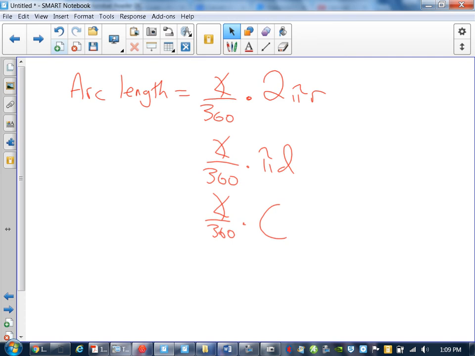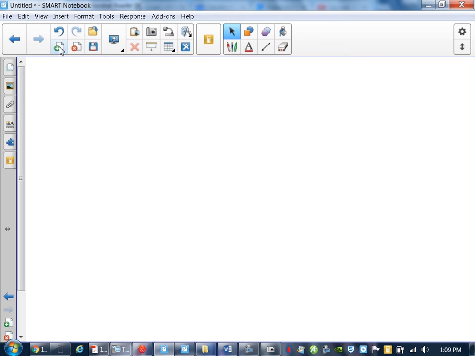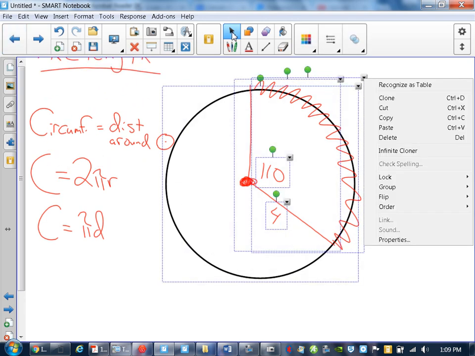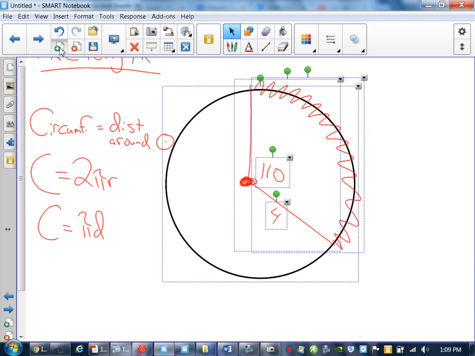Thank you. So if I go back to the diagram I had here a second ago, let's say that this was 110 with a radius of 4.